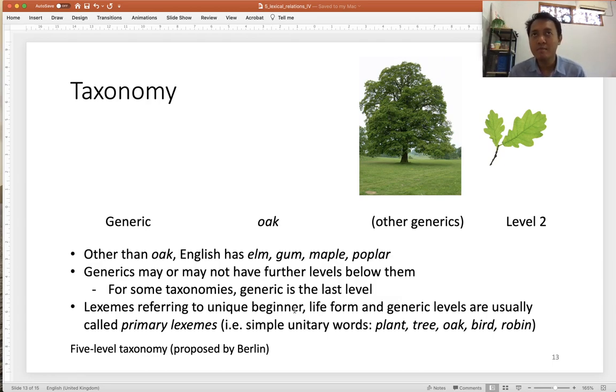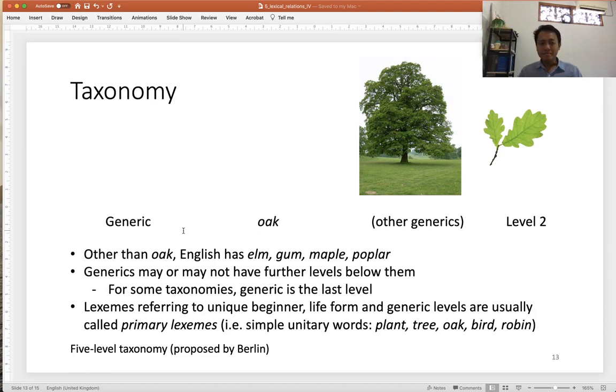There are many more examples of categories in this level. In most taxonomies, generic is the last level. Some taxonomies of things may not have any level below generic.